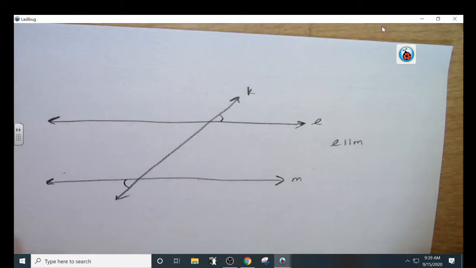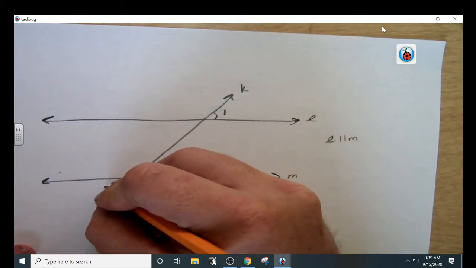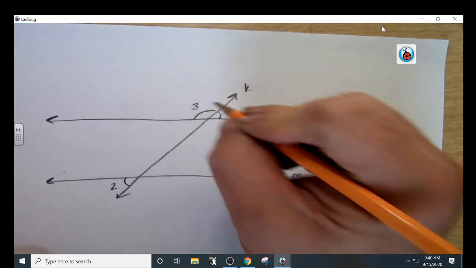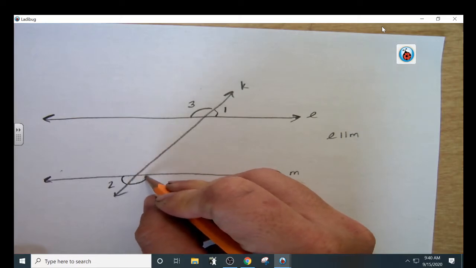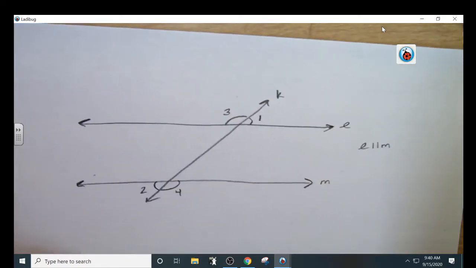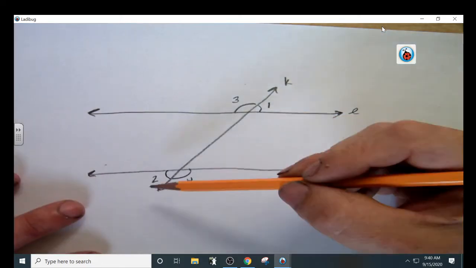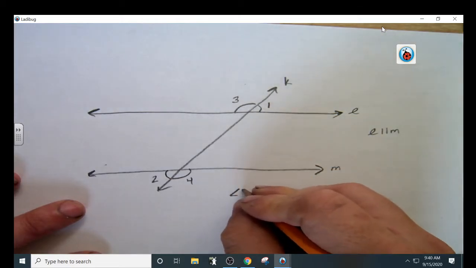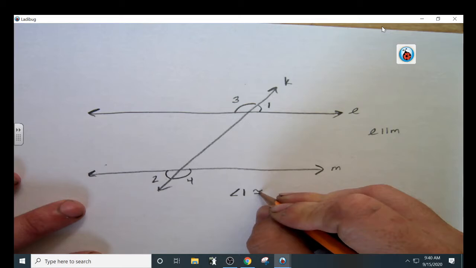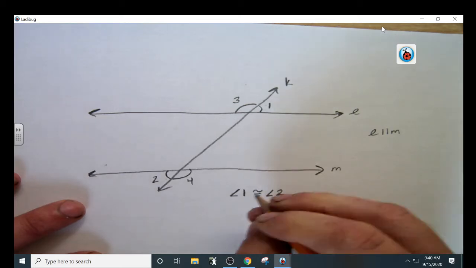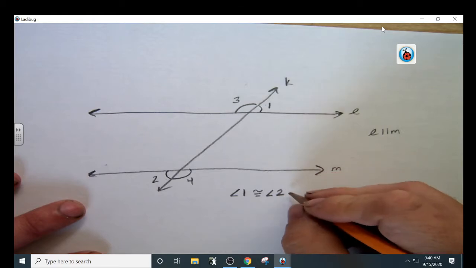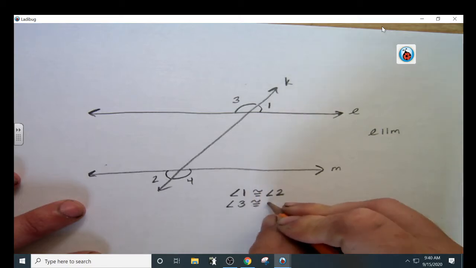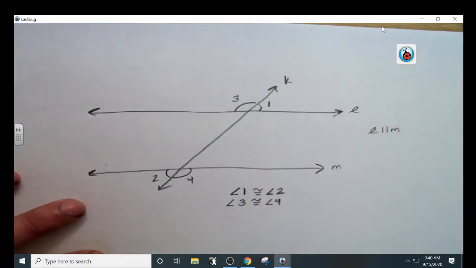All right, guys. So the first thing we'll talk about is angle 1 and angle 2, and angle 3 and angle 4. Angle 1 is congruent to angle 2, and angle 3 is congruent to angle 4.